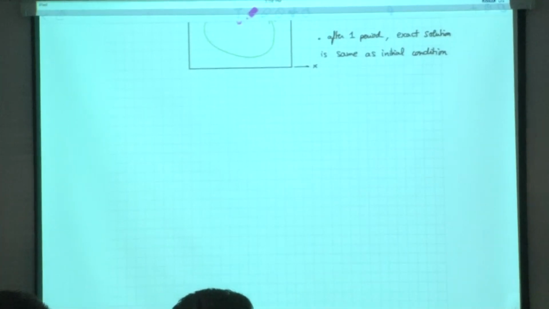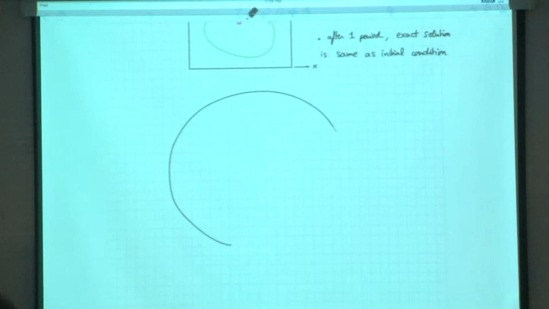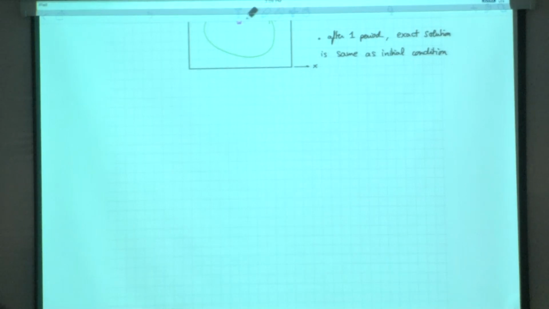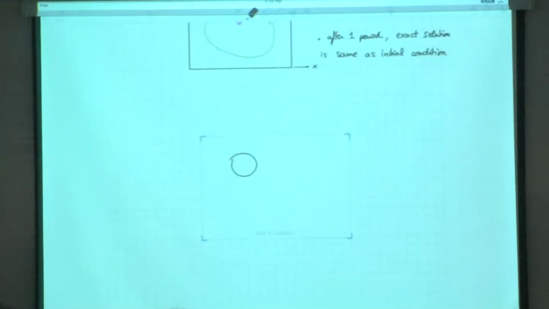So let me resketch this thing a little bit zoomed in. This is the worst circle I've ever done. Yeah, it's not very good either. Okay, let me see. That doesn't help me, I still make potatoes.